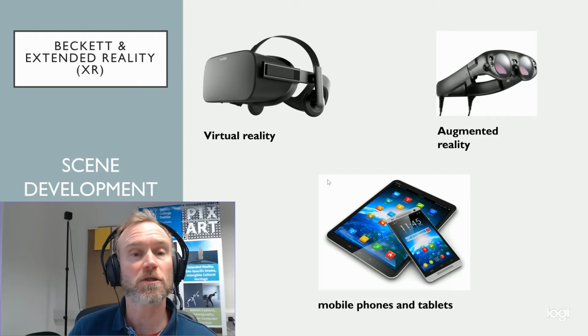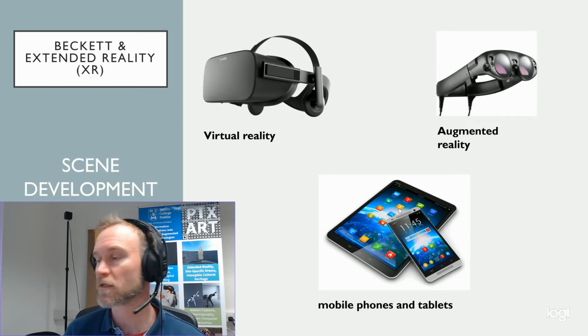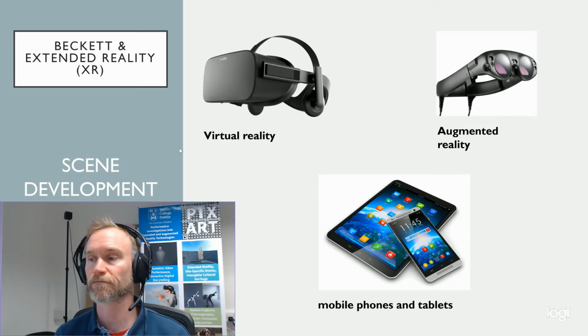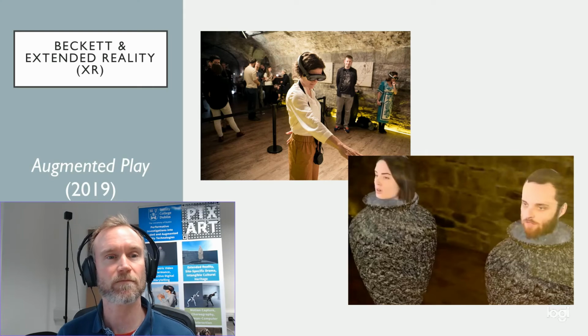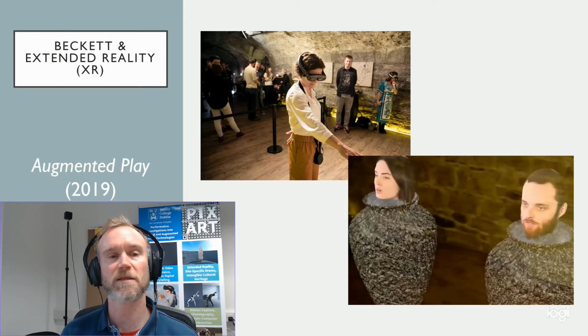And the content can also be displayed on handheld devices like mobile phones and tablets. So it is precisely this flexibility that afforded us to progress the research to a third and final stage, version 3.0, Augmented Play.